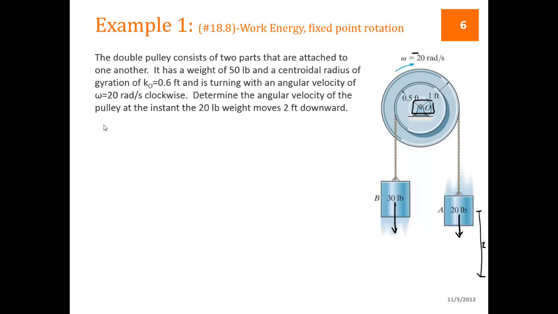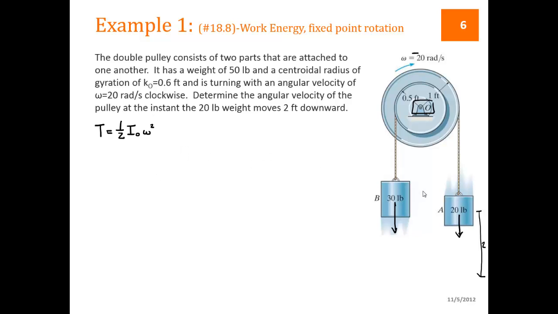The general expression for kinetic energy here, we have 3 objects that are moving. We've got block A and B, and then we've got the pulley. So the kinetic energy for the pulley is 1/2 I_O omega squared, right? And so that's it, because O is both the center of mass and the fixed point. So we're treating it as a fixed point. The pulley itself doesn't translate, so that is the kinetic energy for the pulley.